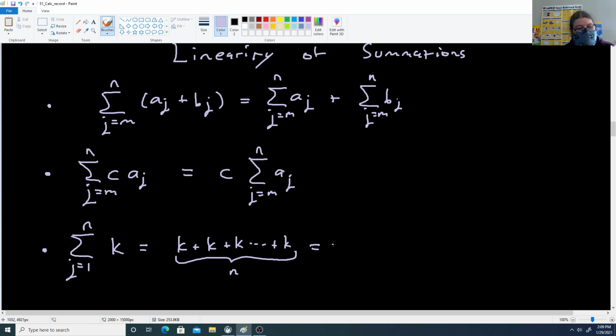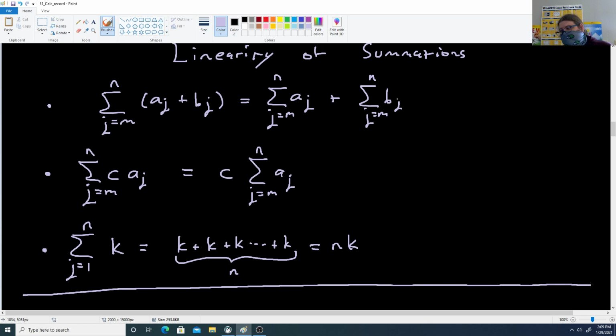So this will equal n times k. Because when this is just a number, when j is 1, there's no place to plug in j, so you just get k plus, then j is 2, so you just get another k, plus j is 3, get another k, etc. And eventually we get our equation like that.